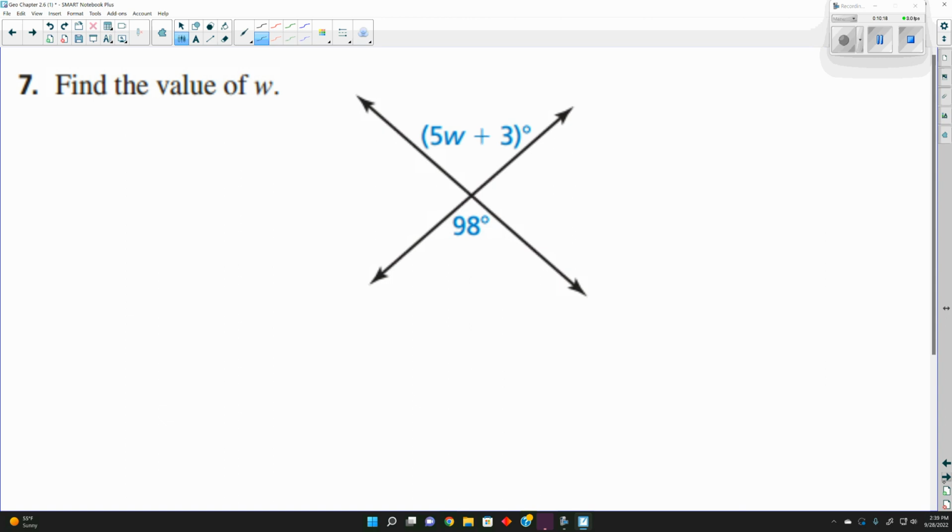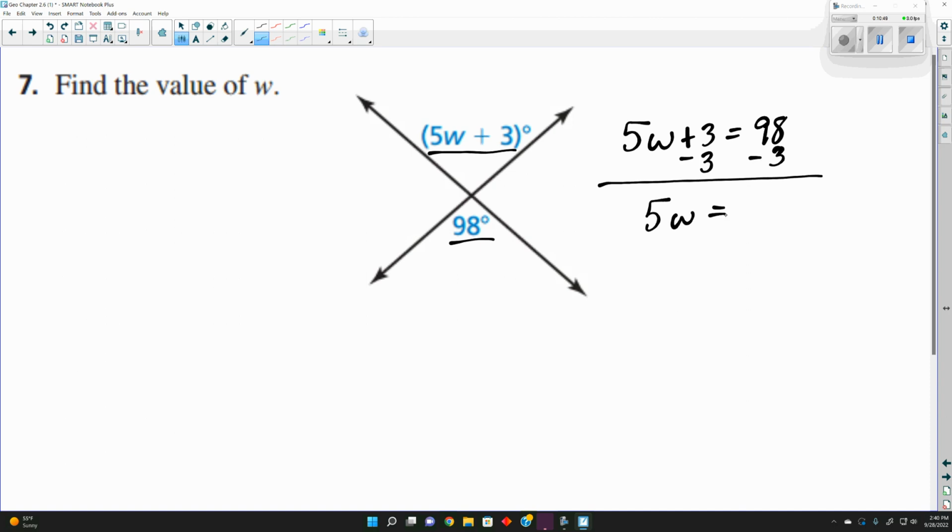So let's look at the next one here. 5w plus 3 is one of our angles, and 98 is the other. So if we want to find the value of w, guys, we set these two equal. They're the same thing. So we can say that 5w plus 3 is equal to 98, and we can subtract 3, so that 5w is 95.